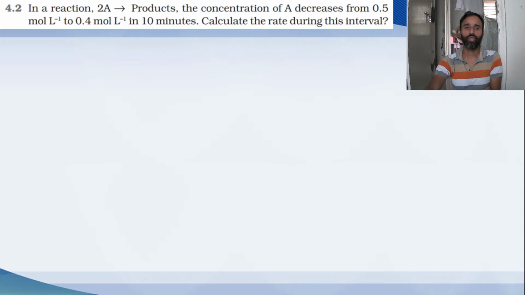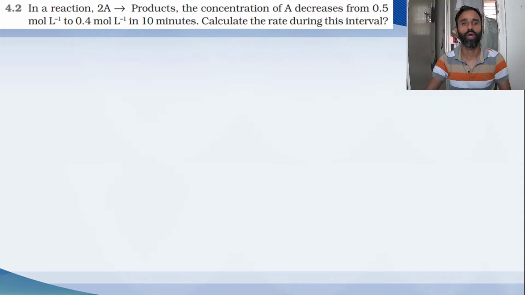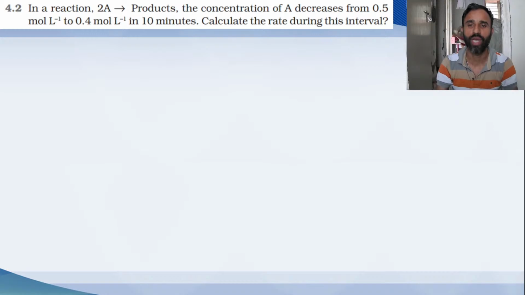Next, in the reaction 2A to products, the concentration of A decreases from 0.5 mole per liter to 0.4 mole per liter in 10 minutes. Calculate the rate during this interval.